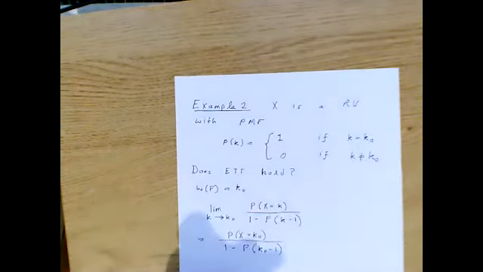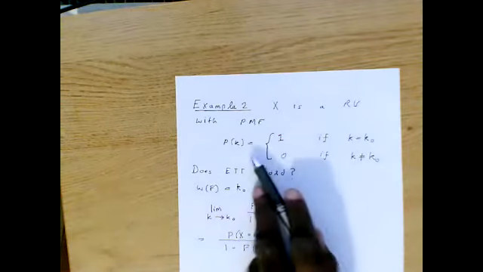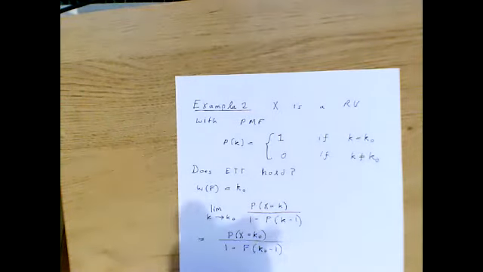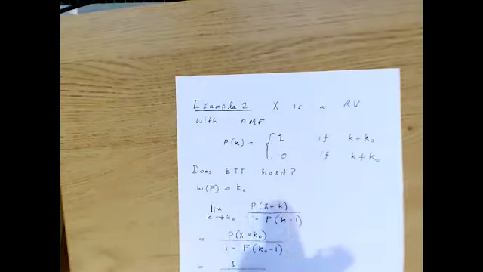Now the probability that x equals k0 we know is equal to 1. So this is going to be 1 divided by 1 minus the probability that x is less than or equal to k0 minus 1.